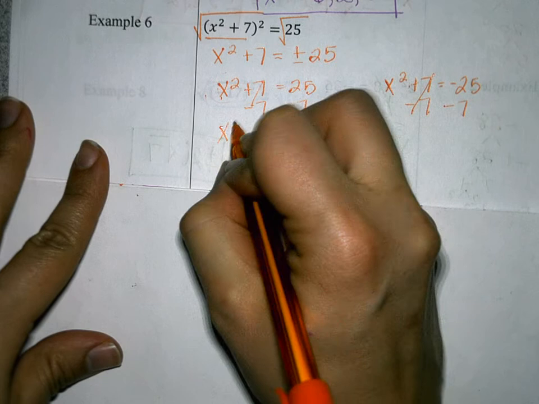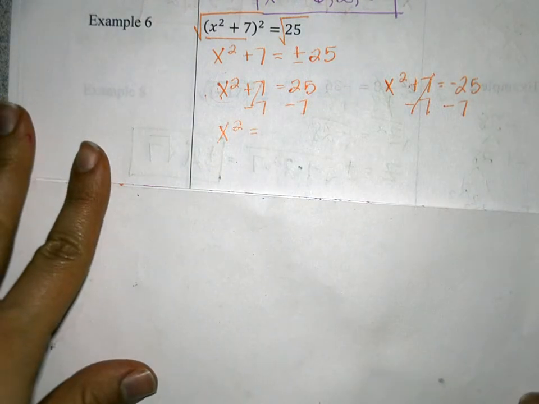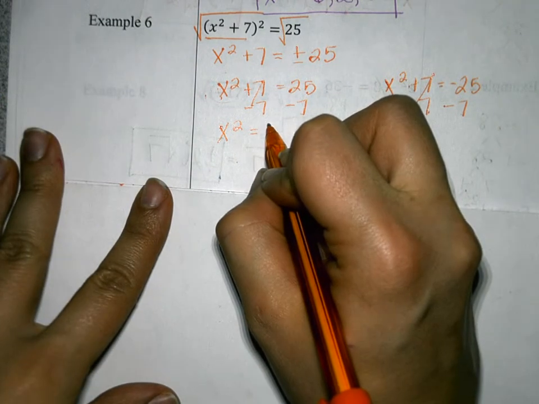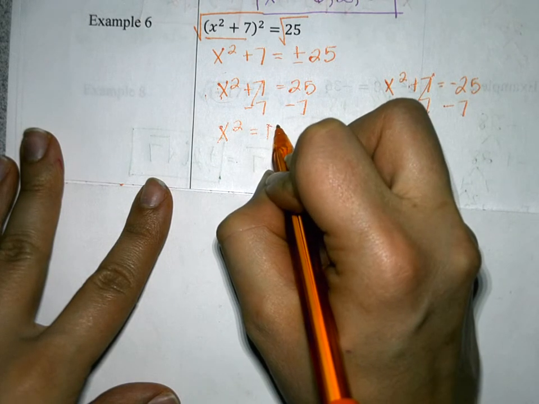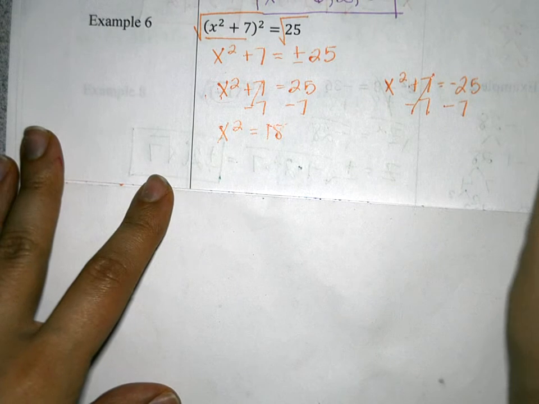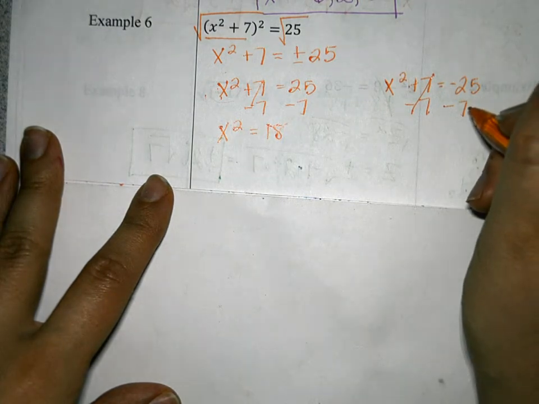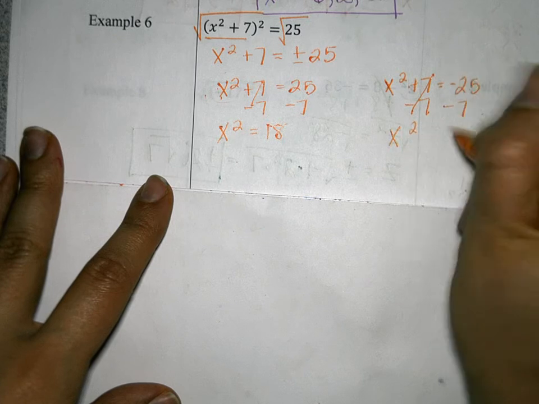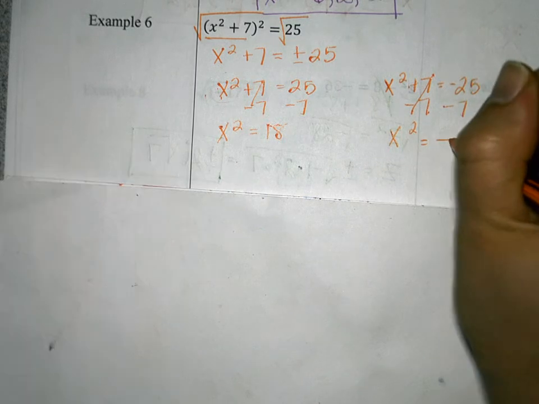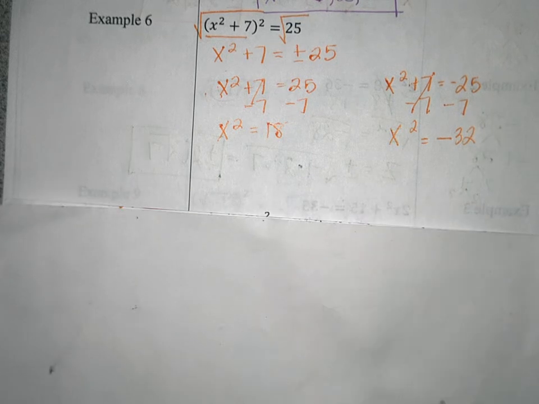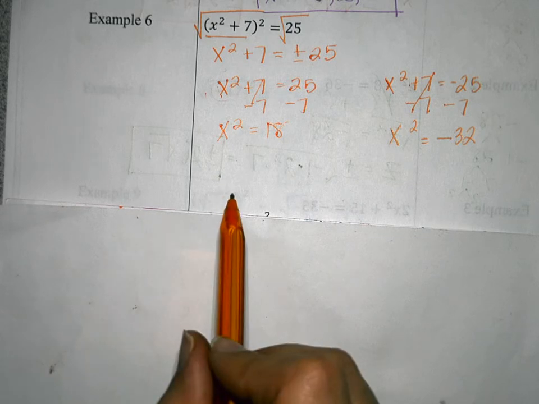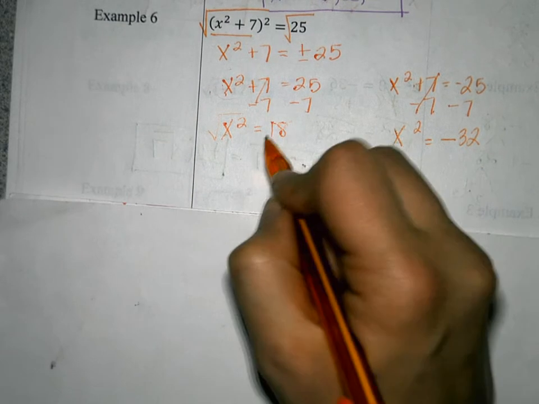To get x squared equals 18. Whew. And x squared equals negative 32. Take the square root of each side.